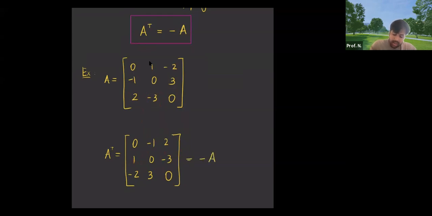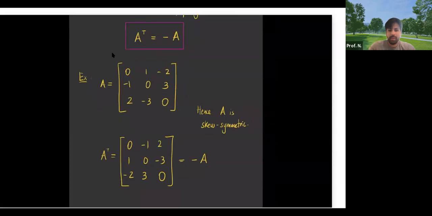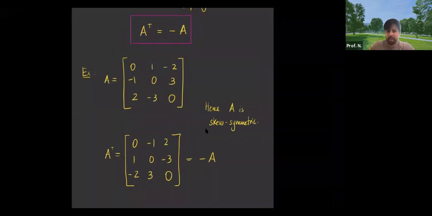If you negate every entry in this matrix A, you get the transpose. Hence, A is skew symmetric. Okay, any questions about skew symmetric matrices? It's just a different kind of matrix.